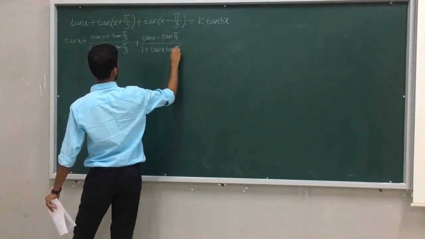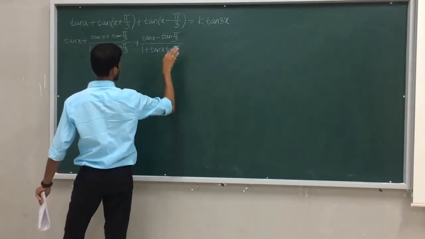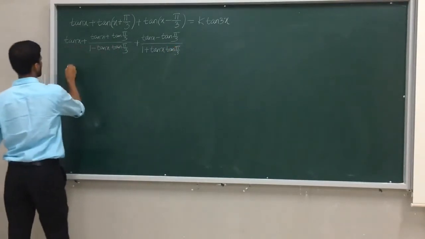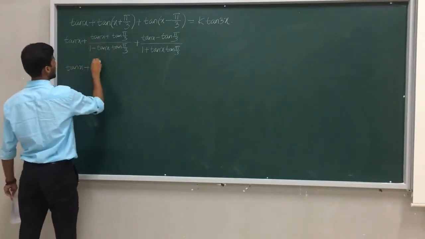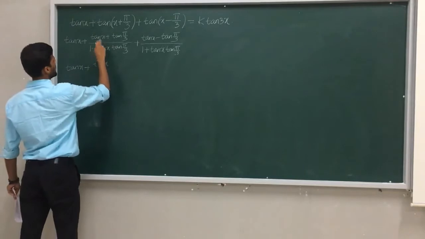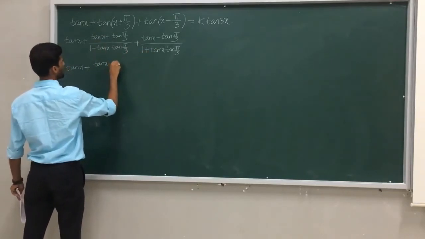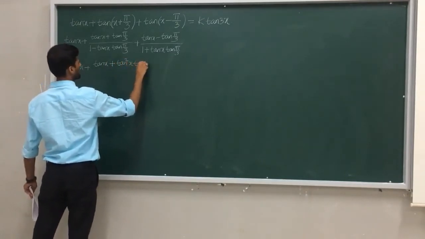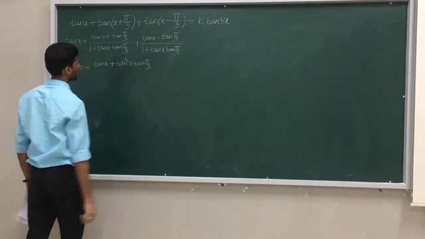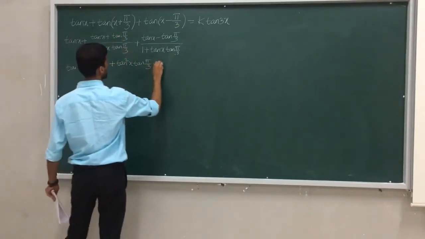Okay, I will not write equals now. Let me check what answer I will get. So next, tan x plus, let me cross multiply, tan x into 1, tan x into tan x tan pi by 3, plus tan square x tan pi by 3. Okay, then tan pi by 3.